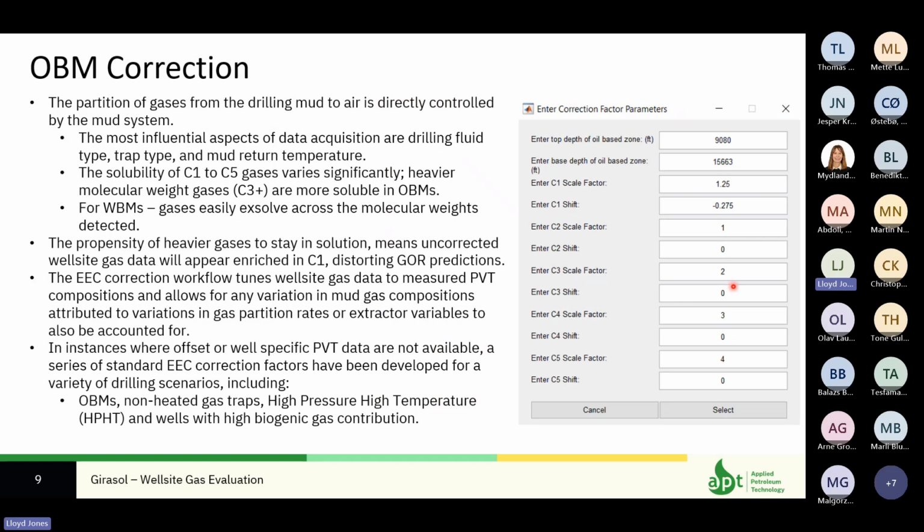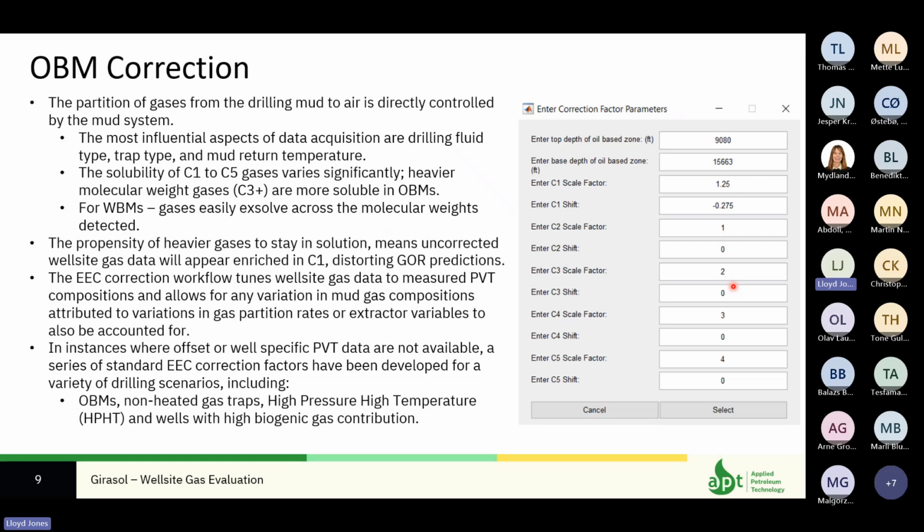But using this EEC correction workflow has an added advantage, as if you have PVT data available, it means you can tune your mud gas compositions to match the PVT data. So that gives you a more accurate prediction of your phase and GOR. This is particularly relevant, for example, if you're in a well where you had a failed MDT run, or you had one reservoir that managed to sample some hydrocarbons to the surface, but they had an extremely high oil-based mud contamination.